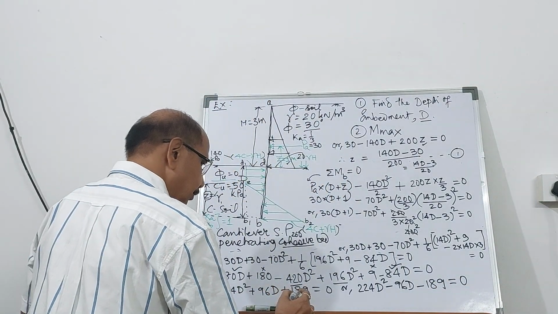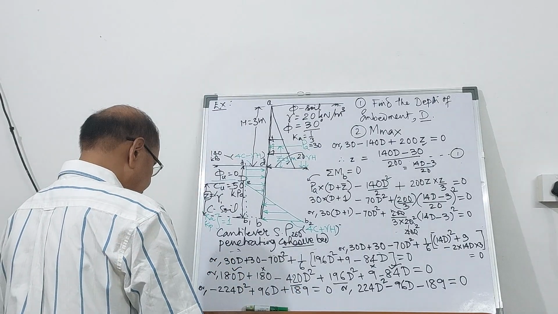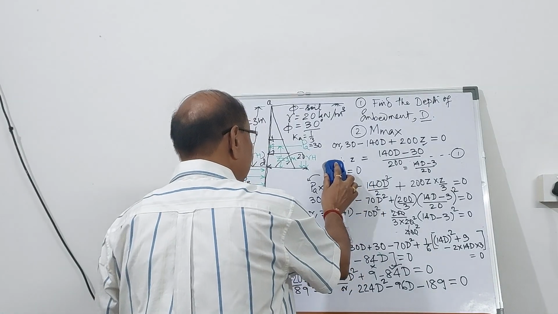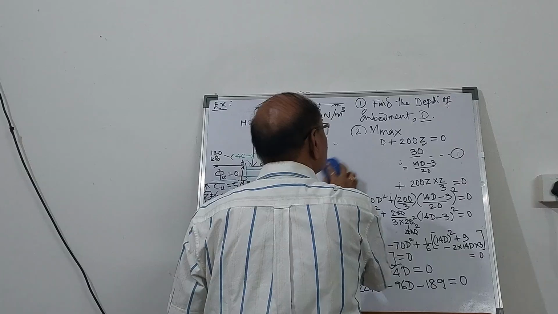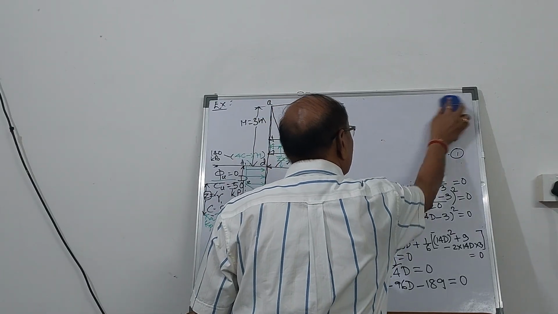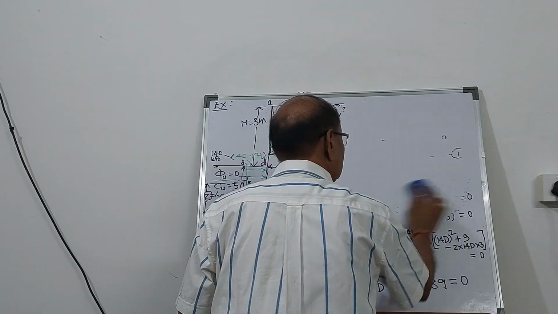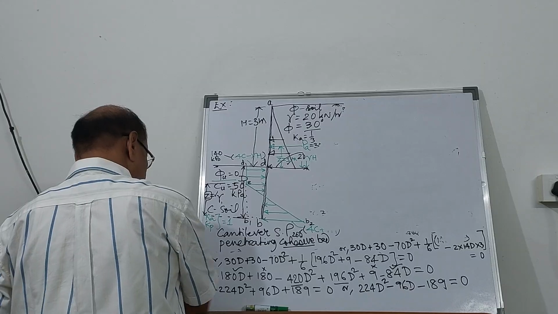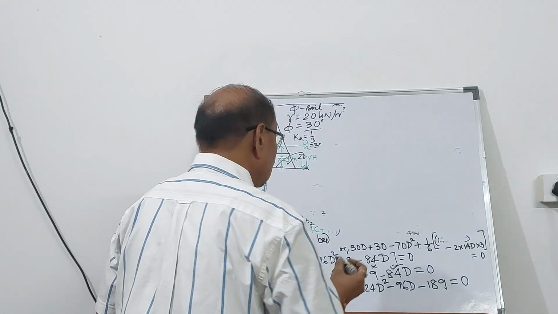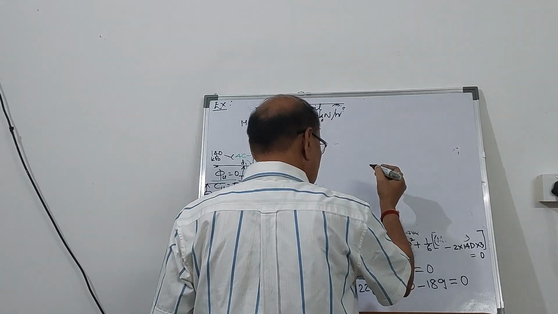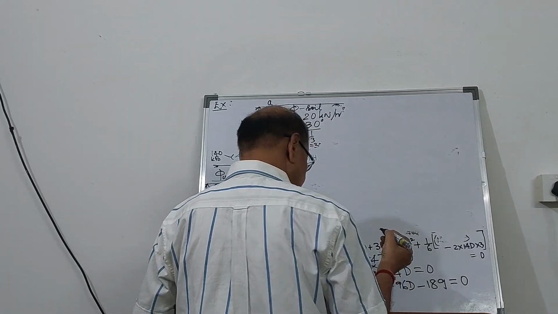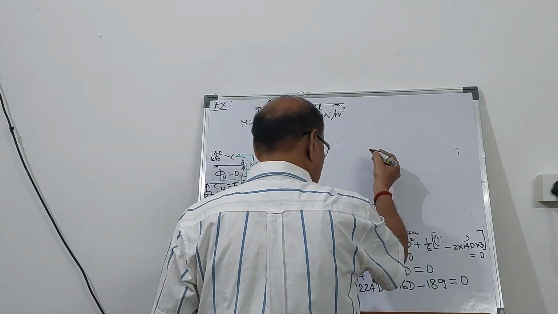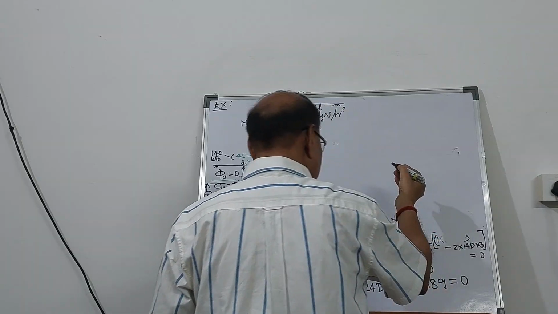Therefore, we can find out the value of d very easily. So let us find out the value of d. So it is a quadratic equation. You can solve it, and you can therefore find out the value of d.